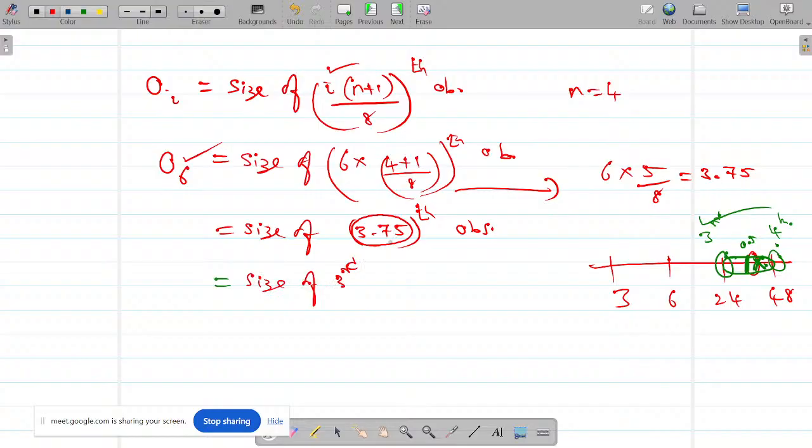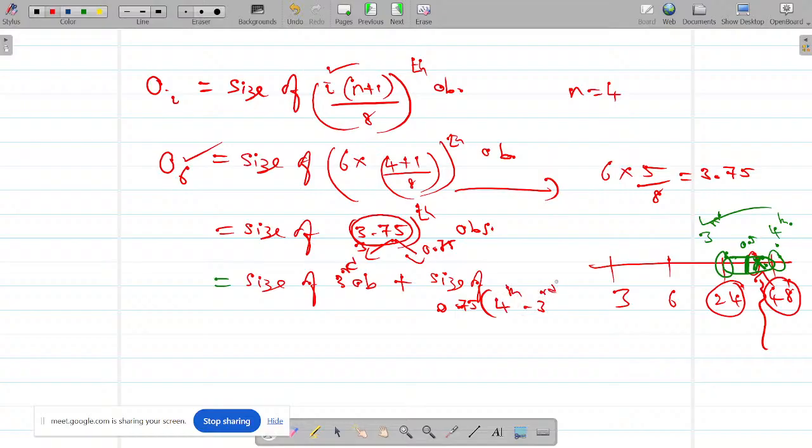See, I'm splitting this as 3 and 0.75. So size of third observation plus size of 0.75. I'm talking about this point where it lies between the third observation and the fourth observation. So I'll subtract: the fourth observation minus the third observation. What is the size of the third observation?